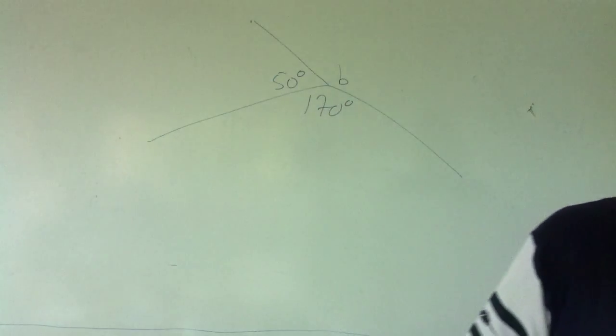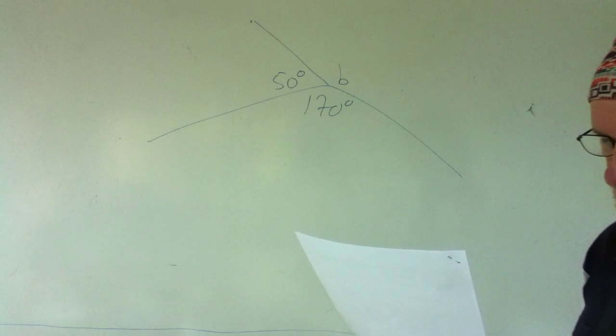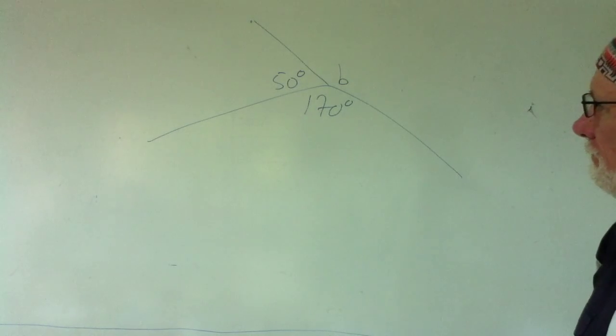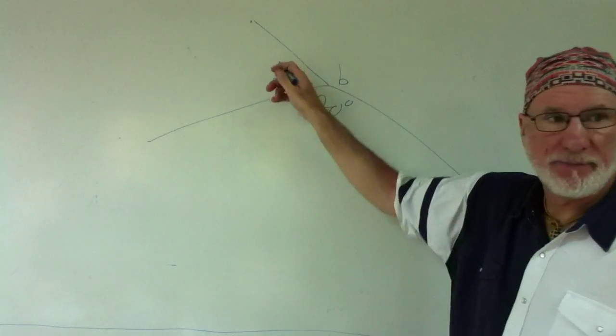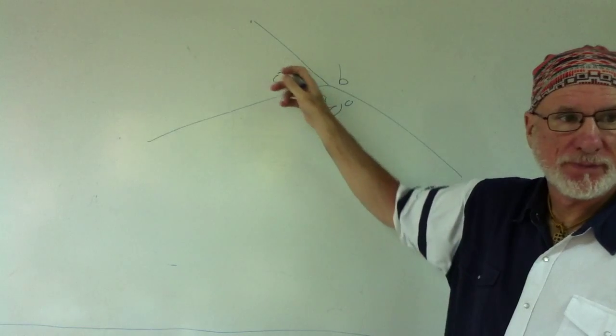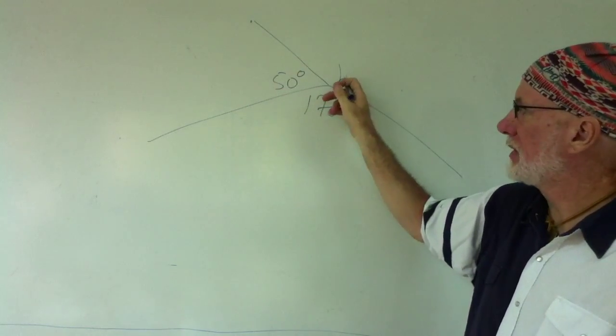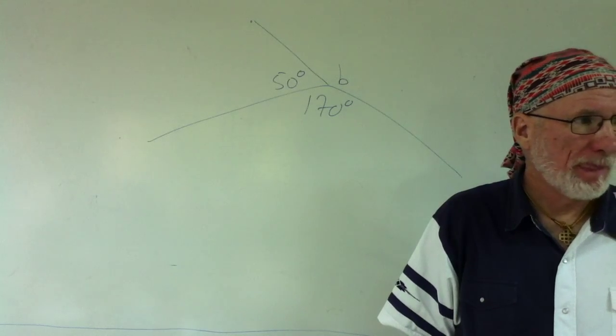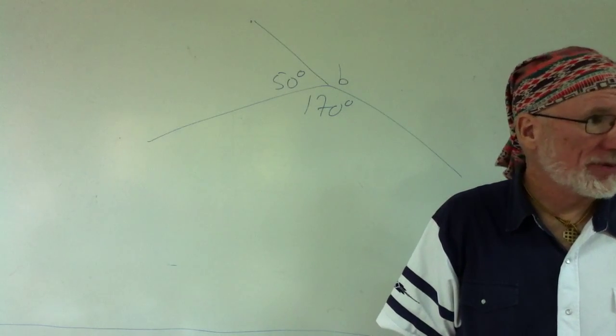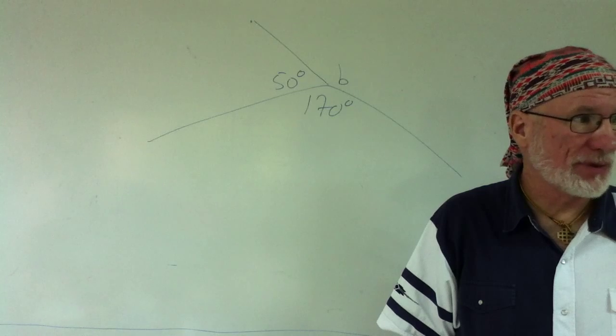Okay? What do we got? These are obviously what? Not supplementary, right. So what would the 3 of them add up to be? 360, right? They add up to be 360.